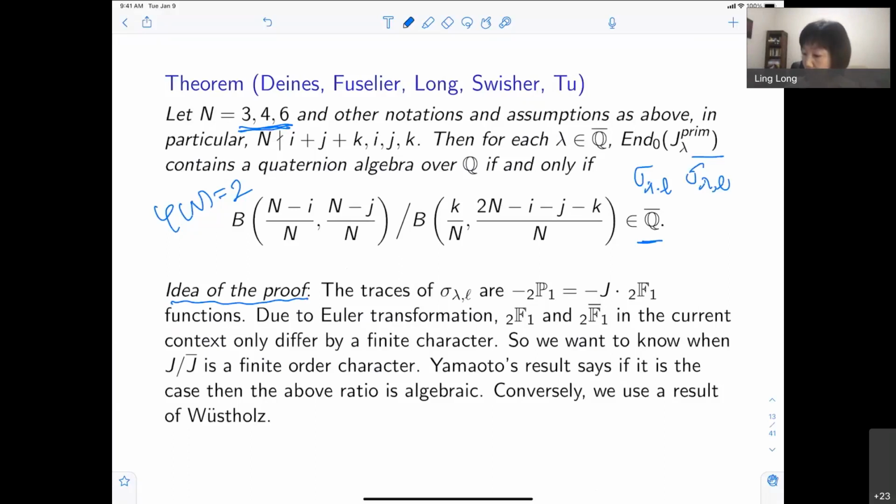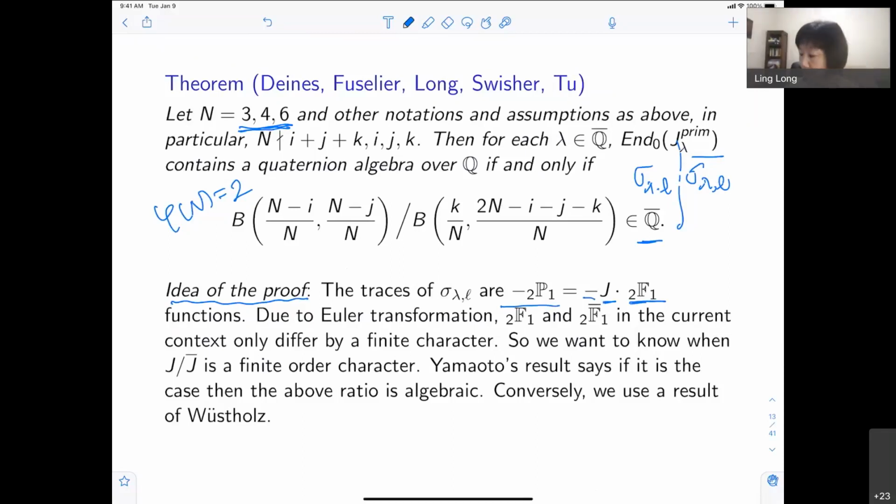Recall that if we look at the first one over here, its trace, according to the previous result, is negative the 2F1 function, the period function. That means it's negative the normalized period function times a Jacobi sum.